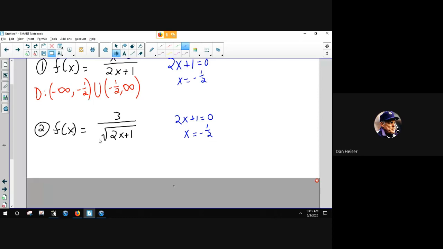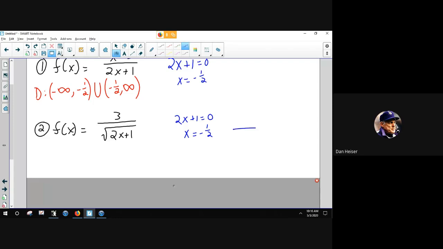I know I can take the square root of 0, but that square root is in the denominator, and the denominator cannot equal 0. So this number is now a problem. That denominator not equaling 0 takes precedence over the square root of 0. So we cannot have negative 1/2.